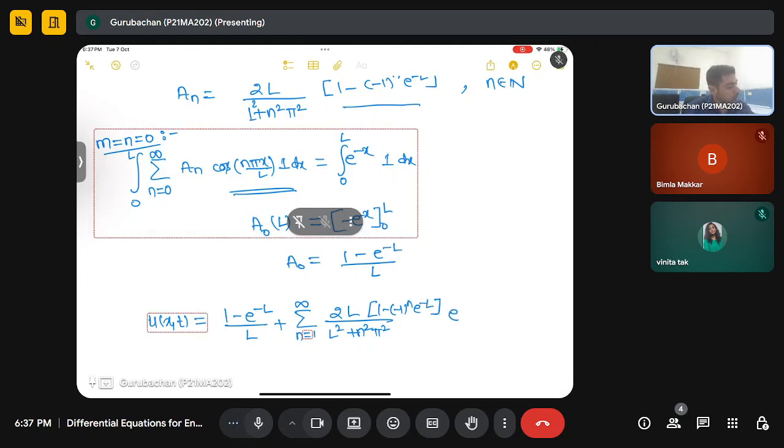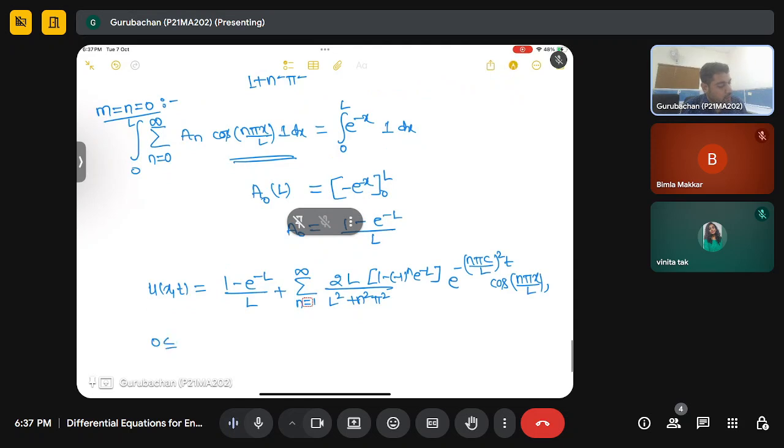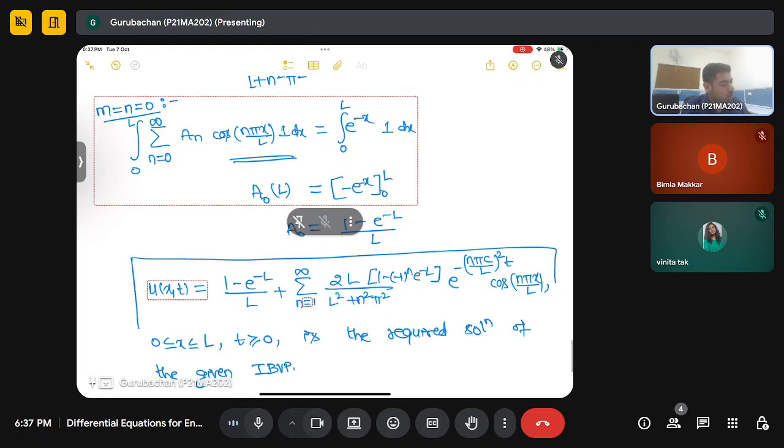Next is e to the power minus n pi c by L whole square t cos n pi x by L, where x can be any number between 0 to L, t is greater than 0, is the required solution of the given initial boundary value problem. So this is your required solution for the given initial boundary value problem.